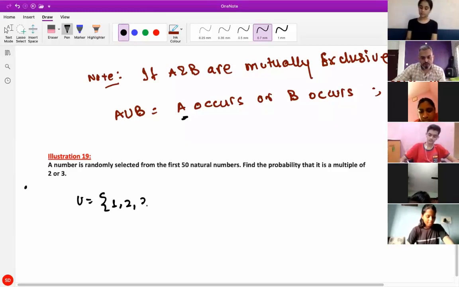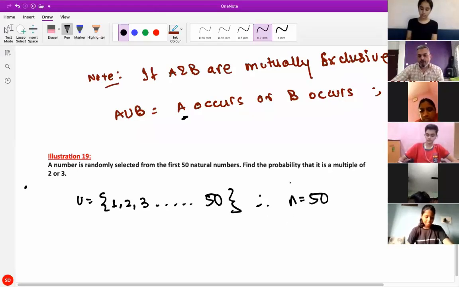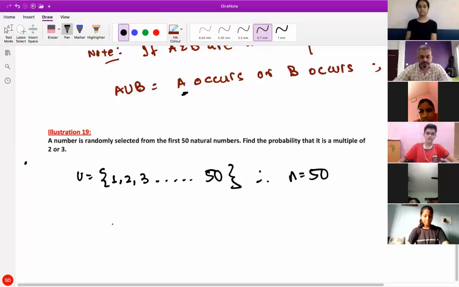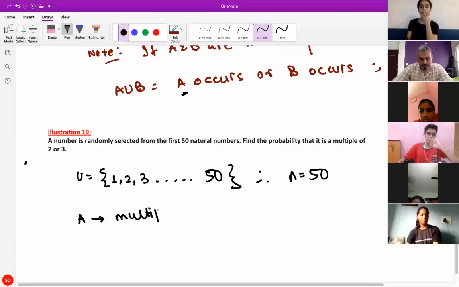So first we write the sample space U: 1, 2, 3, it goes up to 50. So therefore n is equal to 50. अब पता कैसे चलेगा कि यूनियन यूज करना है, because दिया है multiple of 2 और 3. So now over here, event A is multiple of 2.